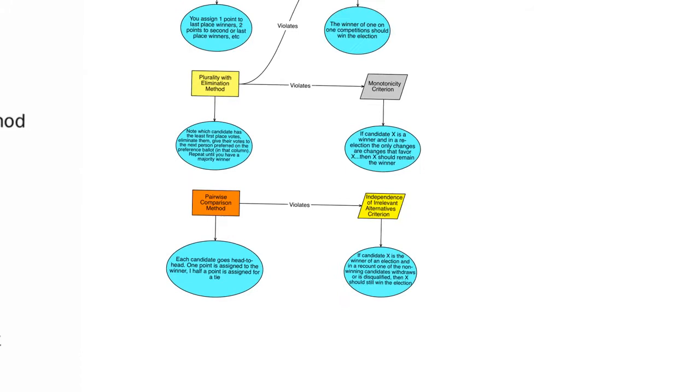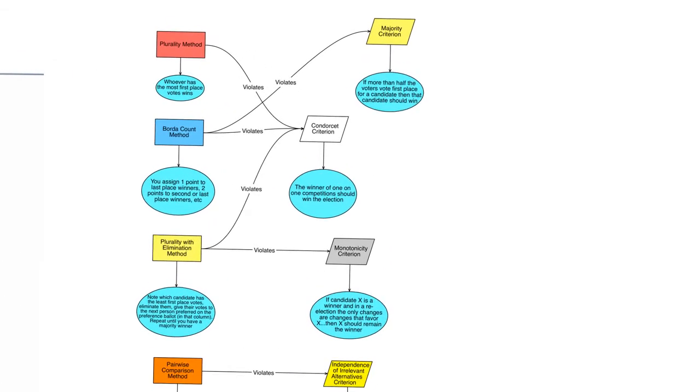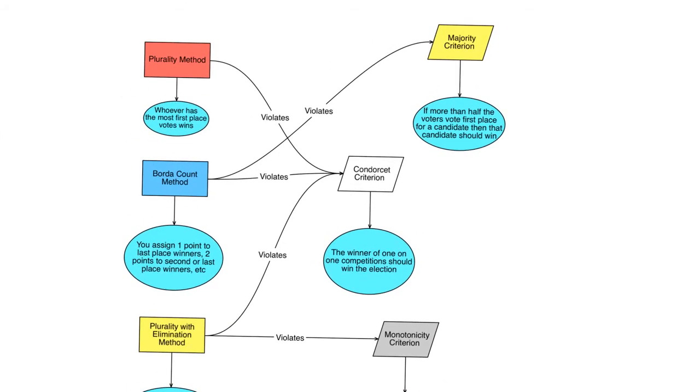So I have a feeling that my student is not going to have to deal too much with the details of all of this. I do believe that she will need to know the various fairness criteria that each of these voting methods violate. So I do believe it's important for my student to know which fairness criterion, for example, the plurality method violates, and in this case it would be the Condorcet.